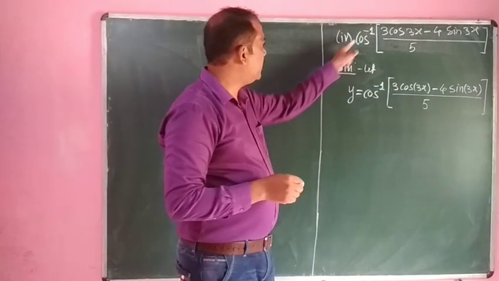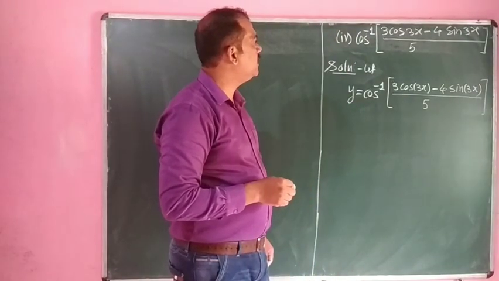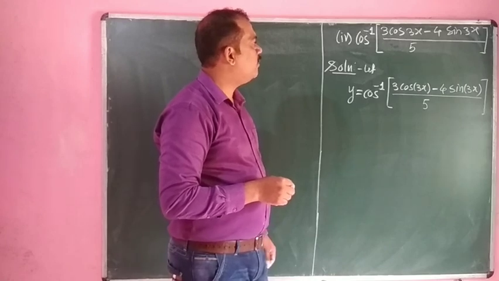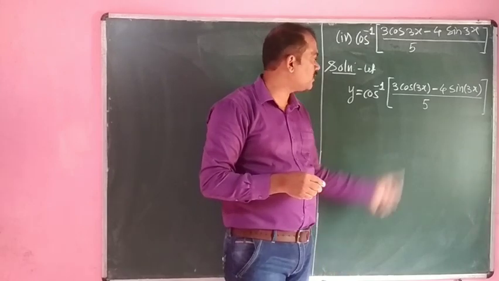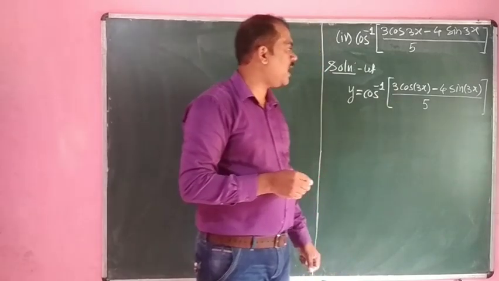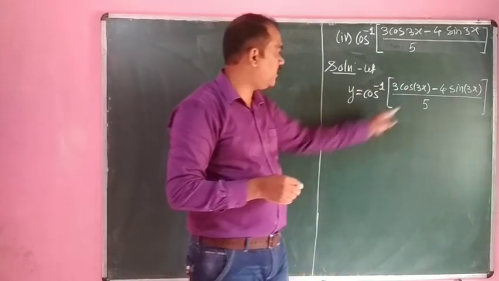Next example, example number 4. Cos inverse of 3 times cos 3x minus 4 times sin 3x divided by 5. Let y is equal to cos inverse of 3 times cos 3x minus 4 times sin 3x divided by 5.